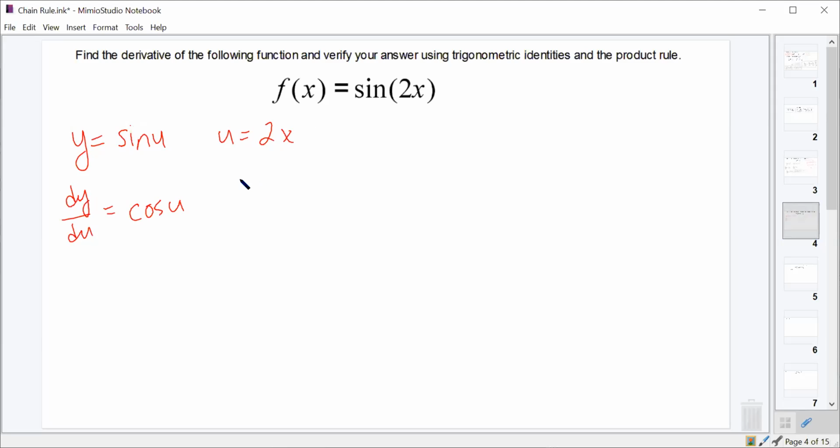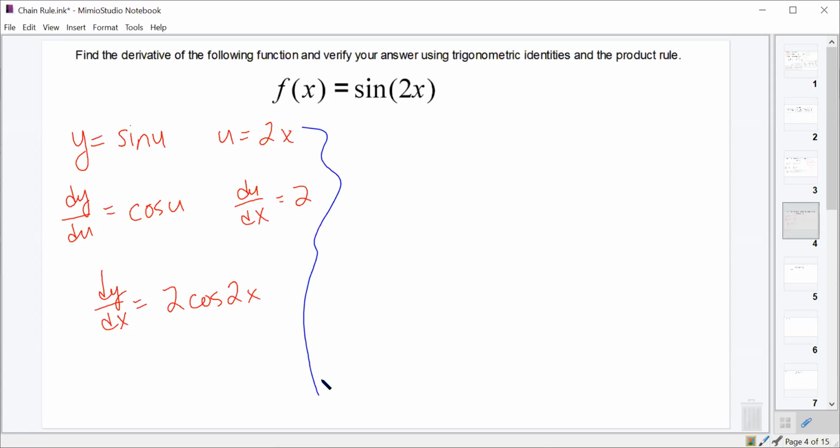And what is du dx? Just 2. So dy dx ought to be 2 cosine u, or 2 cosine 2x. Easy enough or no? All right, I'm going to assume that means it's easy enough.